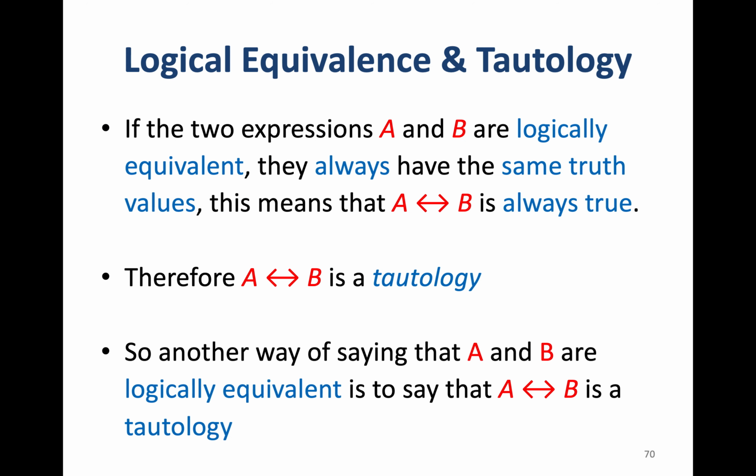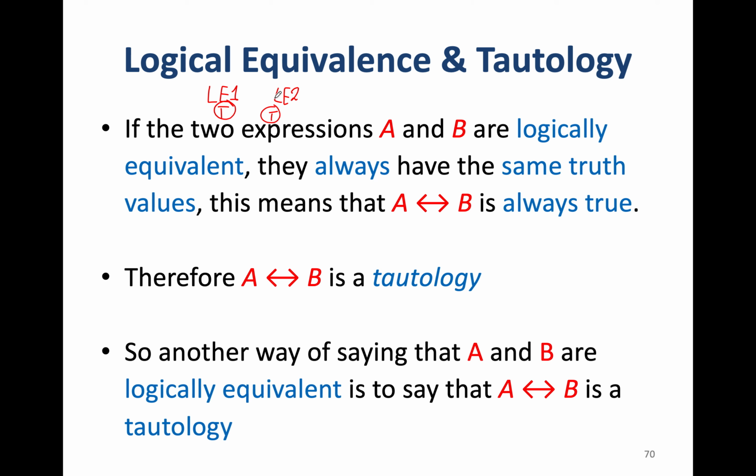So in the last session, we already discussed what we mean by logically equivalent. If I have two logical expressions and they have the same truth value within the combination of possibilities, we say that logical expression 1 is logically equivalent to logical expression 2.